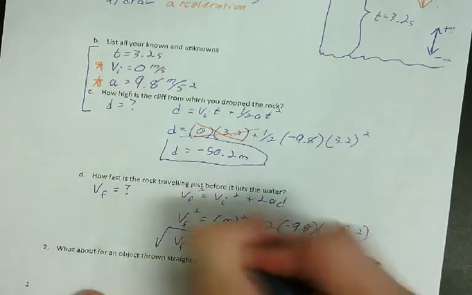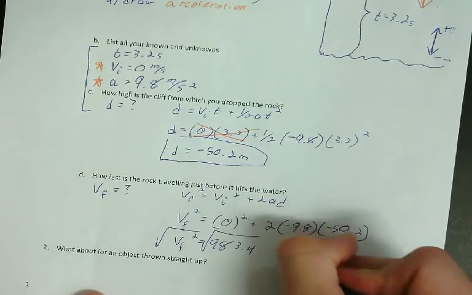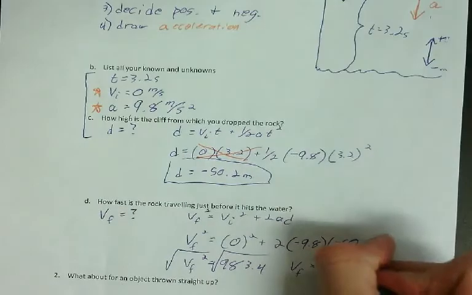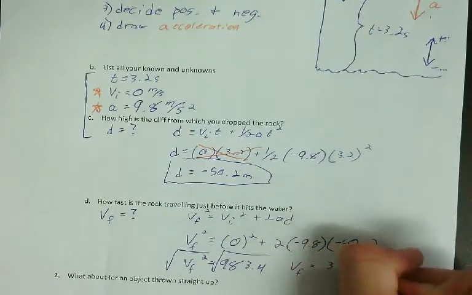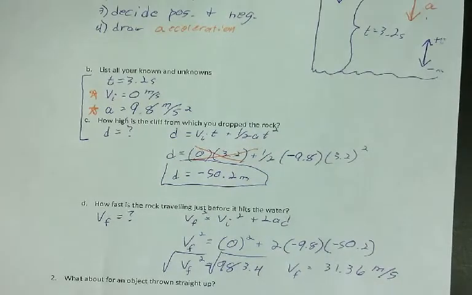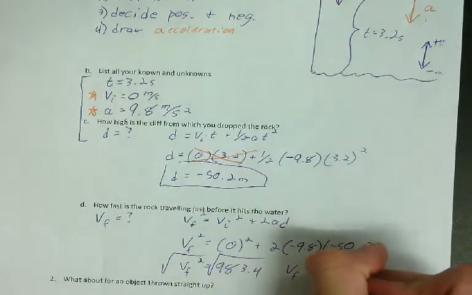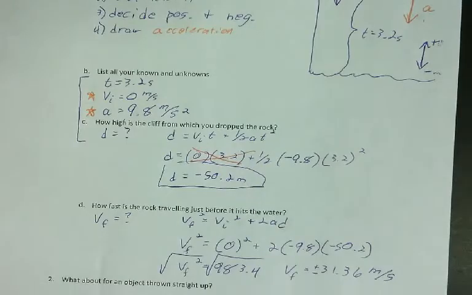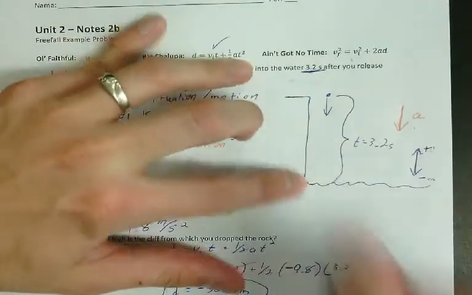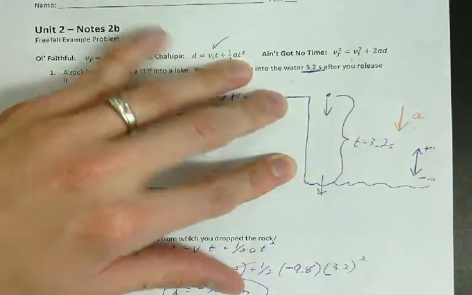Square root both sides to get V final by itself. 31.36. But be careful. When you square root, you actually get plus or minus the answer. So which one is right? They can't both be right. It's actually a negative 31 because it's falling, and I said down was negative.